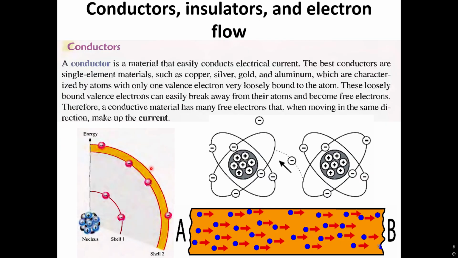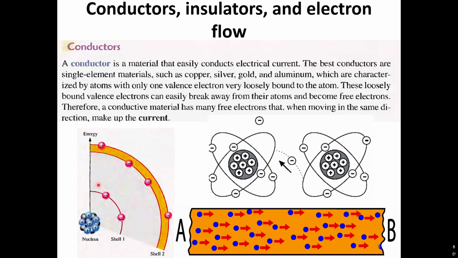Next, we have conductors and electron flow. A conductor is a material that easily conducts electrical current. The best conductors are single element materials such as copper, silver, gold and aluminum, which are characterized by atoms with only one valence electron very loosely bound to the atom.